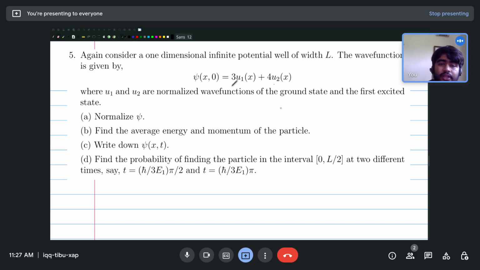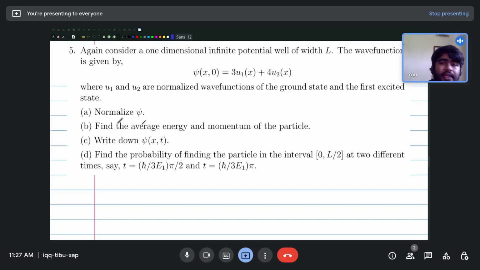Now u1 and u2 are normalized, but psi(x,0) is not normalized. In quantum mechanics, the first thing you should look out for is whether the wave function is normalized or not. If it is not, you have to normalize it before doing any calculations.